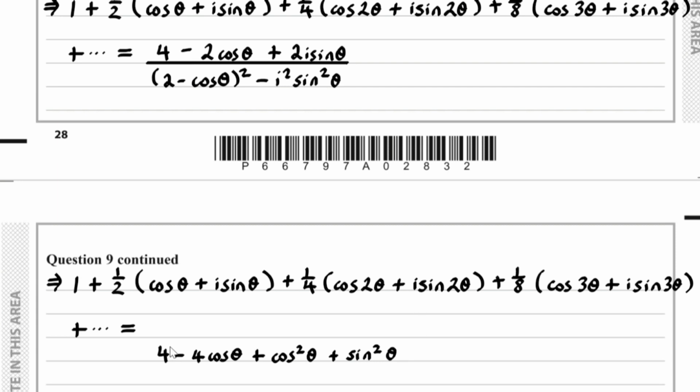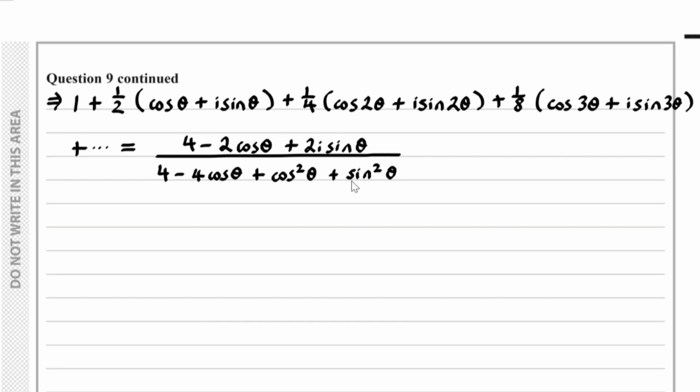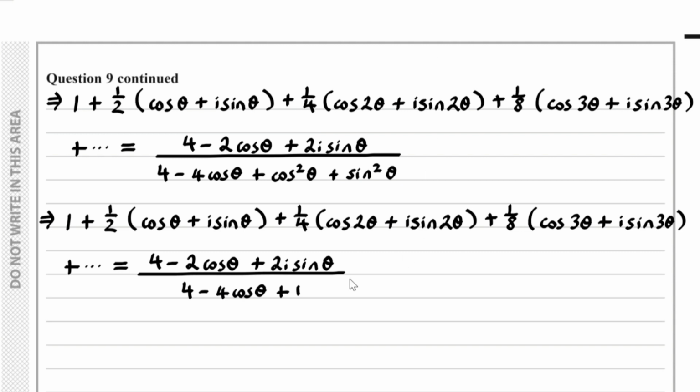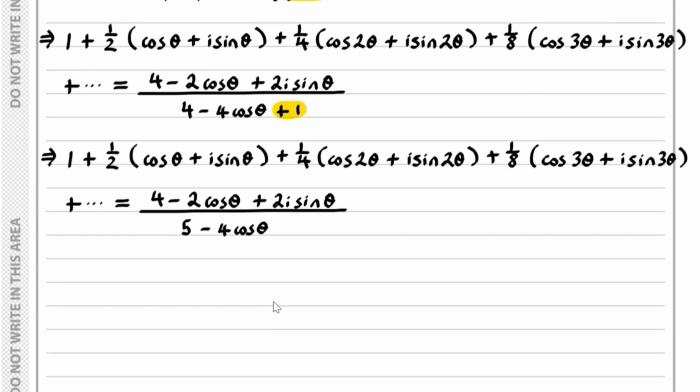And on the top, we've got 4 minus 2 cos theta plus 2i sin theta. Now 4 plus 1 essentially, because cos squared plus sin squared is 1. This plus 1 comes from the fact that cos squared plus sin squared is just 1. So if we tidy all of this up, on the right hand side we would have 5 minus 4 cos theta. Of course 4 plus 1 gives a 5.